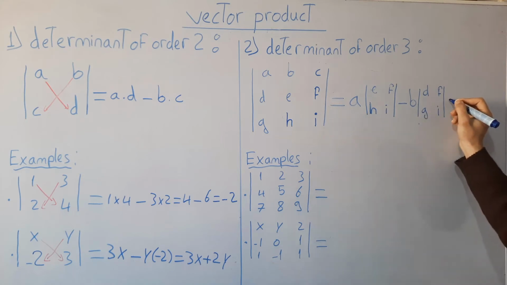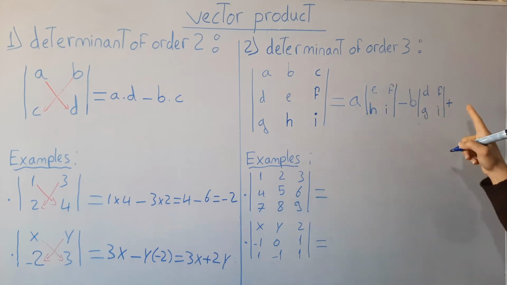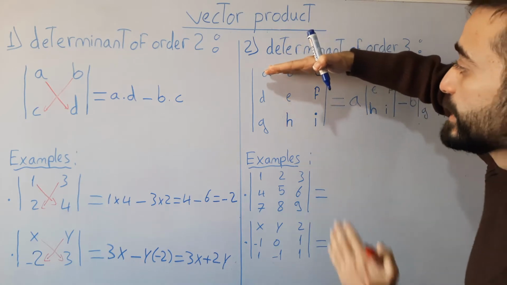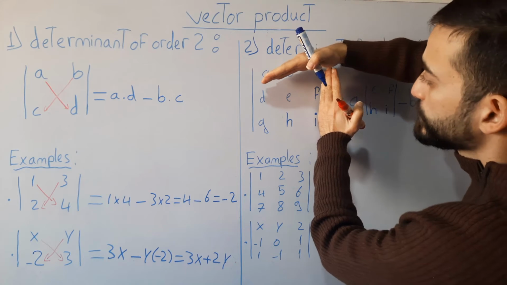Plus, so minus plus, we cross the first row and third column.